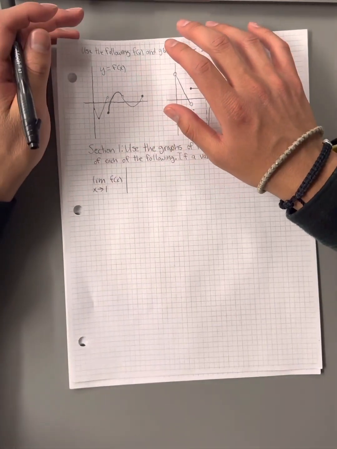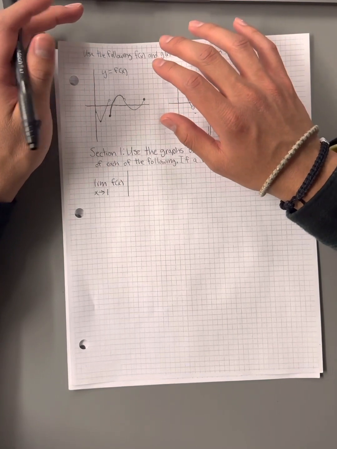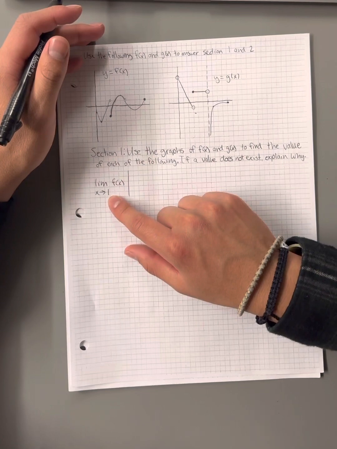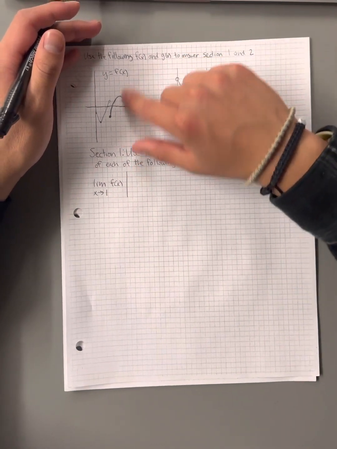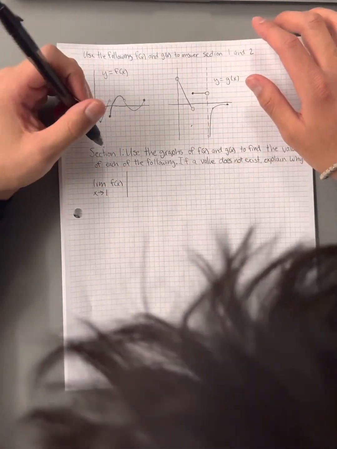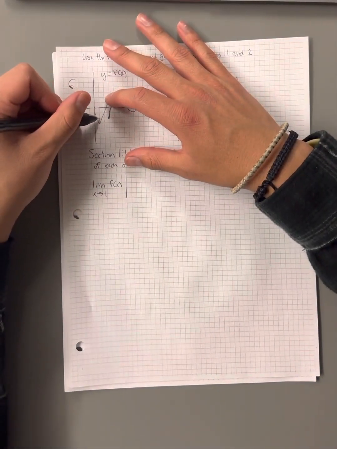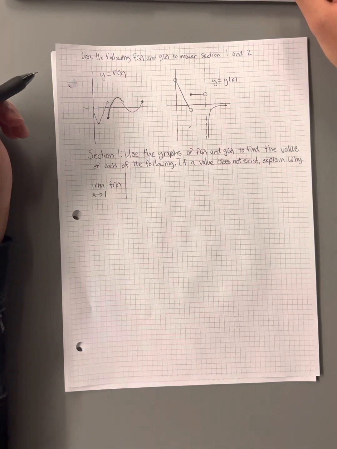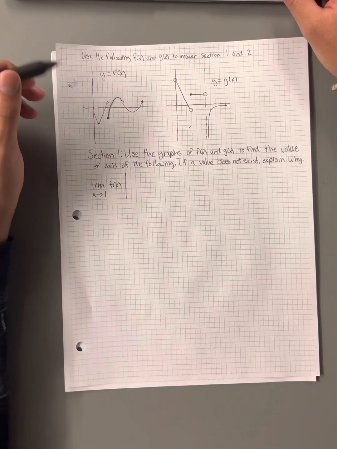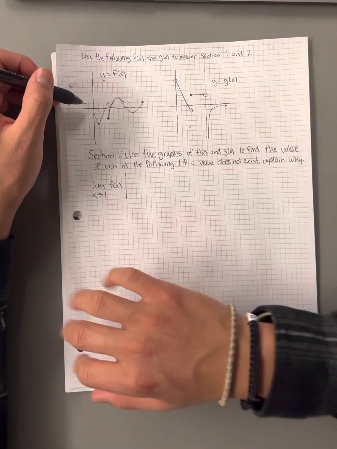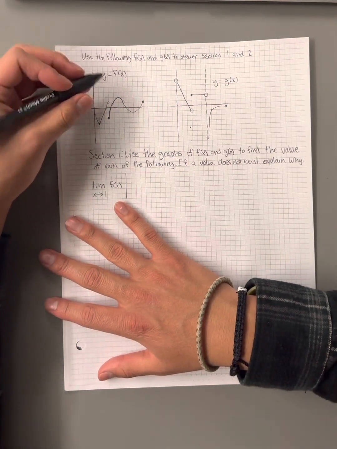And for a limit to exist, for example, on this one, as x approaches 1 of f of x, so it's going to be this graph, it has to reach the same limit from both sides. So let's take a look at f of x at x equals 1, as x approaches 1.